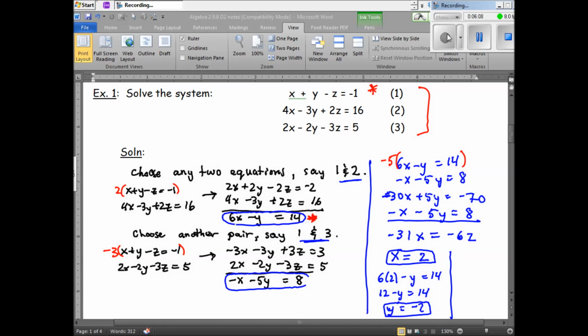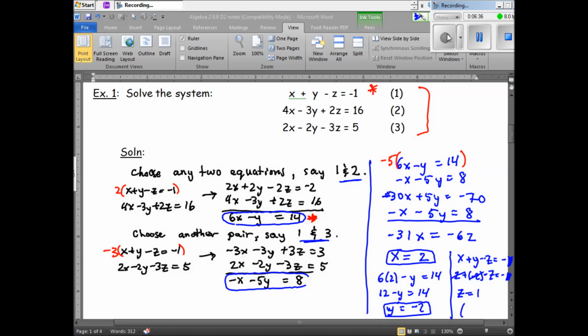And we have the numbers 2 plus negative 2 minus z equals negative 1. These cancel out, and we end up with z equals 1.